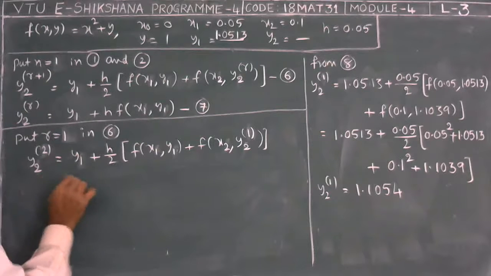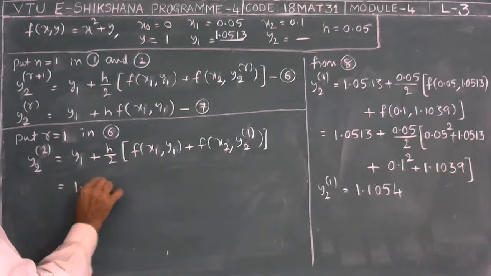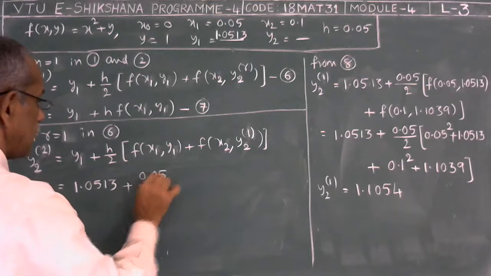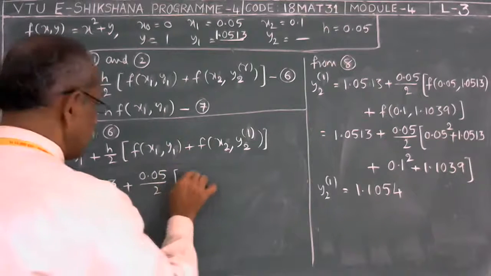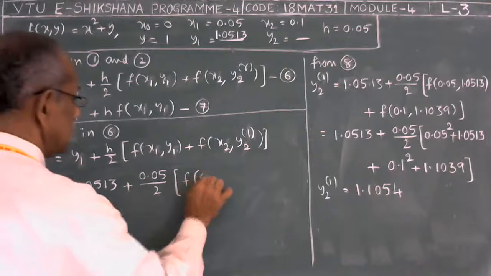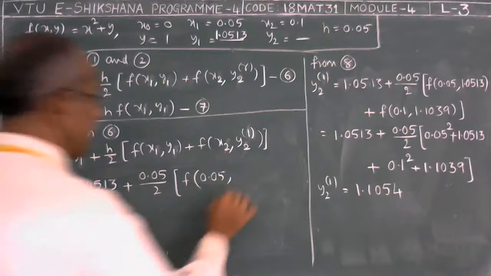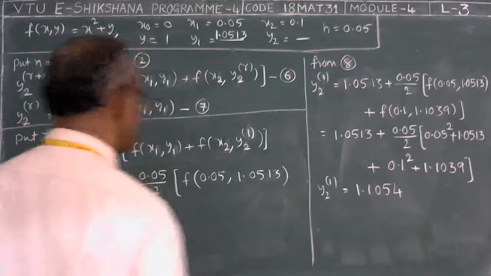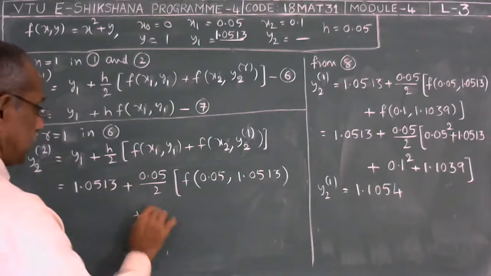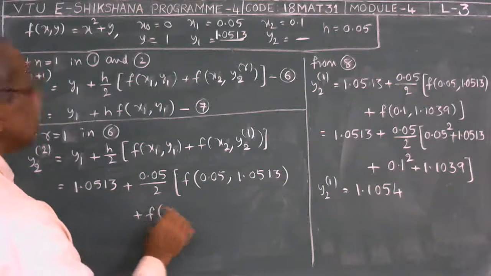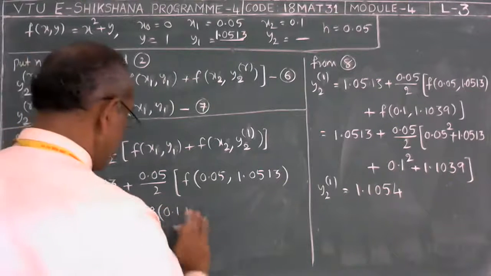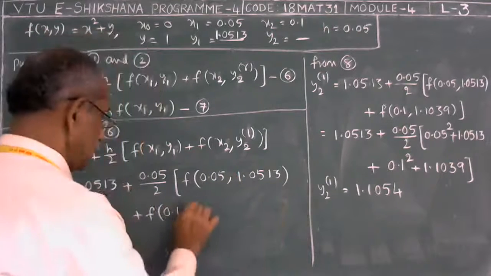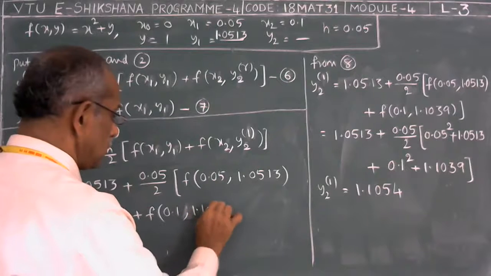So y22 is y1, which is 1.0513, plus 0.05 divided by 2 into f of 0.05 comma 1.0513 plus f of x2, 0.1, comma y21, which is 1.1054.